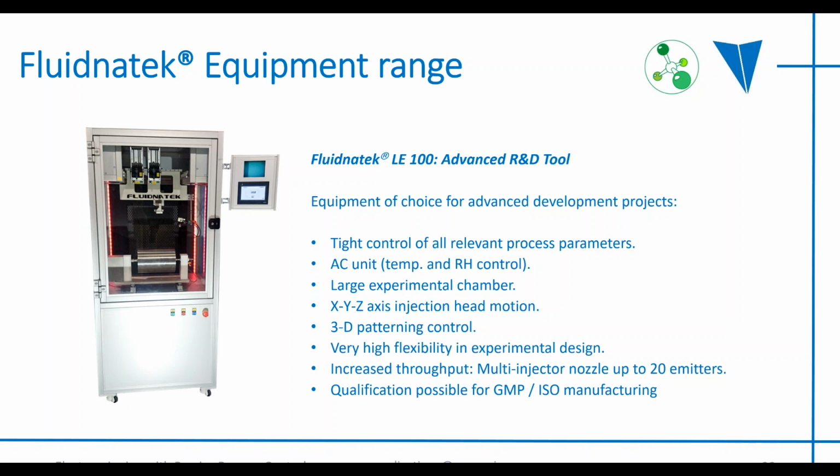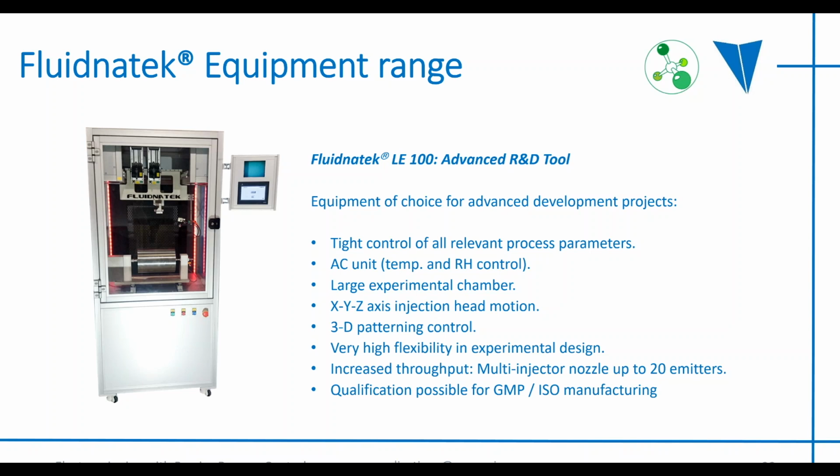The LE100 has a few more options. So we have the ability to work with 3 solutions. This could be, for example, 2 solutions working in a coaxial nozzle and then another solution being spun simultaneously. We can also move the spinning head in 3 dimensions.